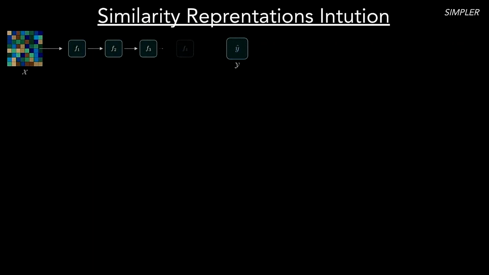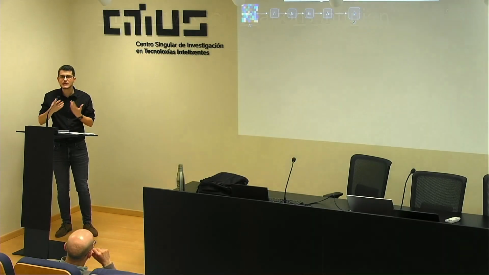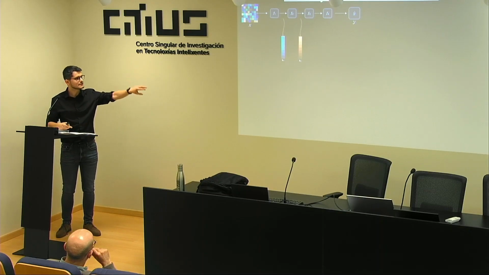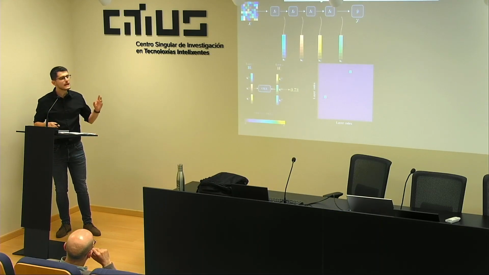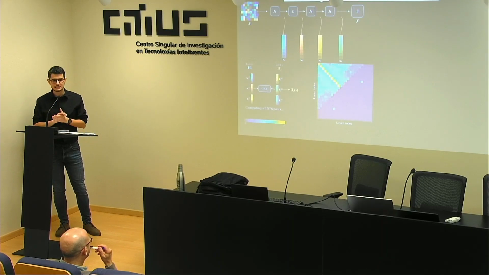So we are going to pay attention not only to the function itself, but also to how these functions are moving the points in the latent space, so in the domain that we are using. So with this strategy, we are extracting the latent spaces, and we are going to measure the similarity among all the latent spaces.